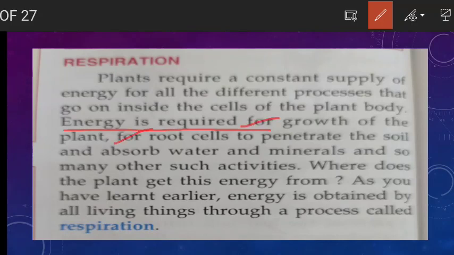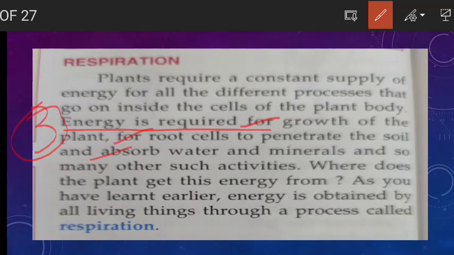And third, to absorb water and minerals, and so many such other activities. Three functions are given here for the question of why energy is required.